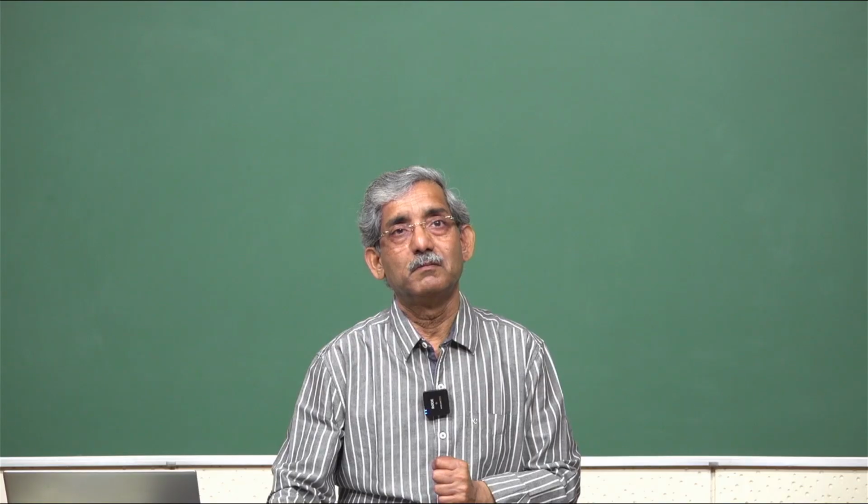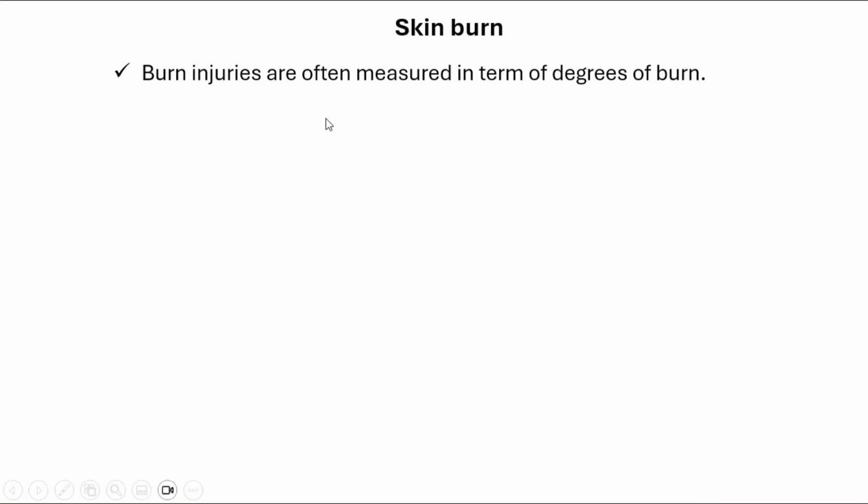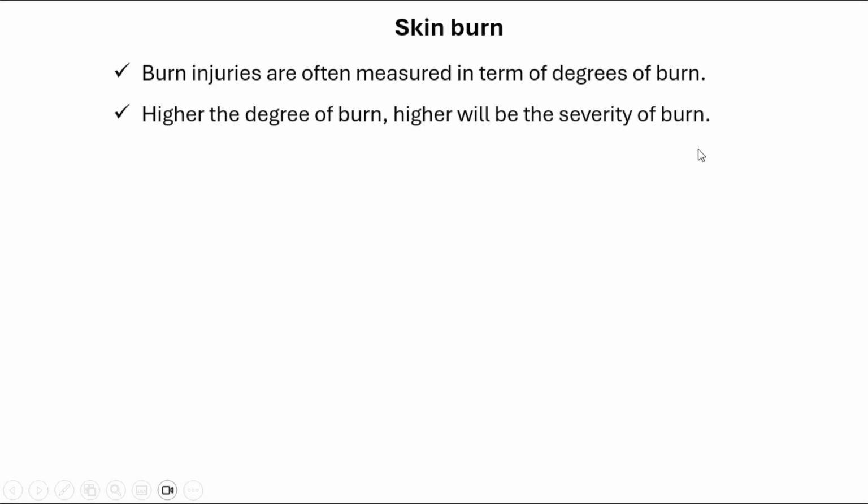The burn injury is often measured in terms of degree of burn, the degree of skin burn. The higher the degree of burn, the higher the severity. So, there are different degrees: first degree, second degree, third degree, with higher severity. The severity is measured by the depth of the burn.